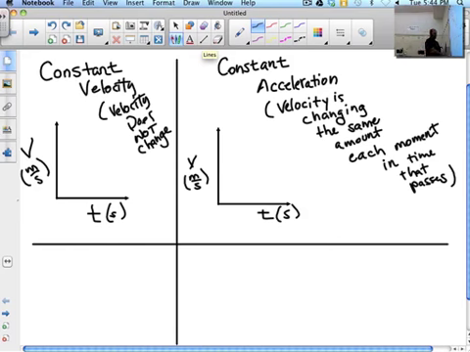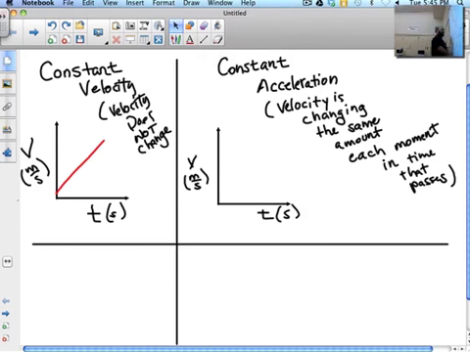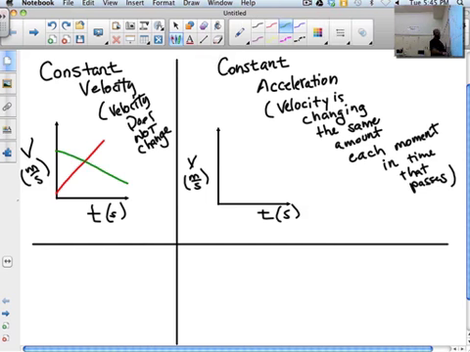Now, you may have a graph that looks like this, or like this, or like this. Which one of these is constant velocity? The red, blue, or green?